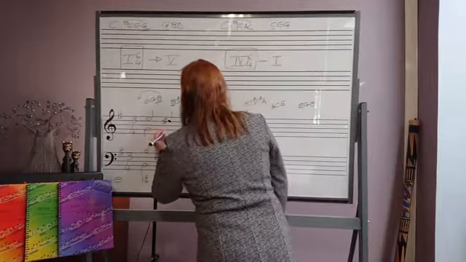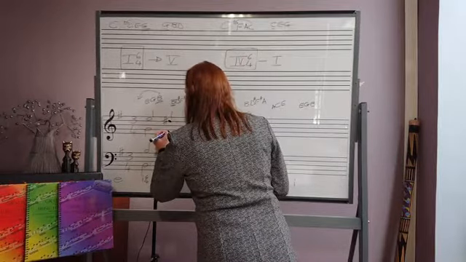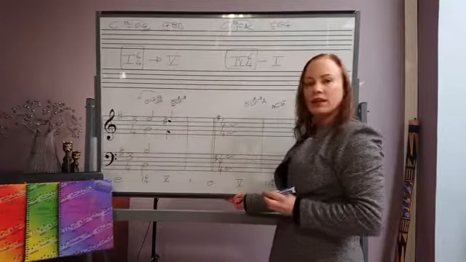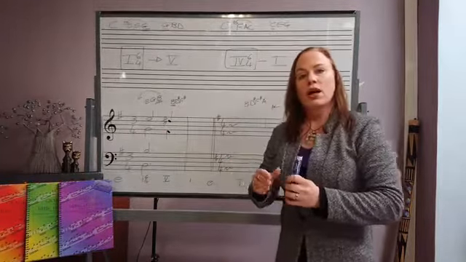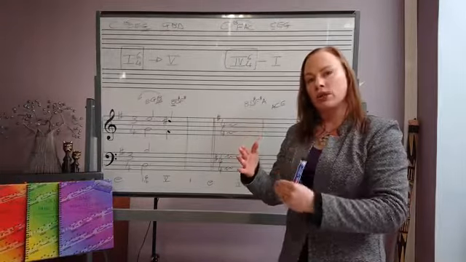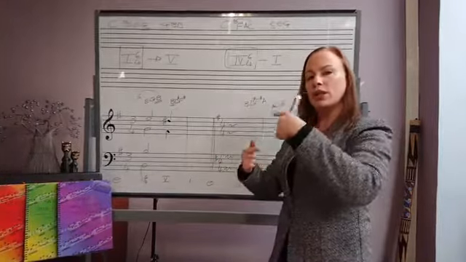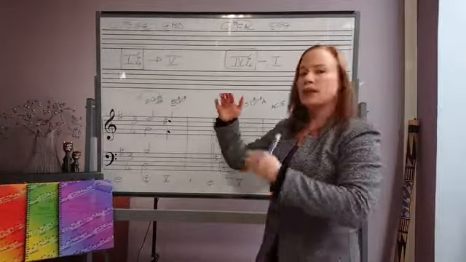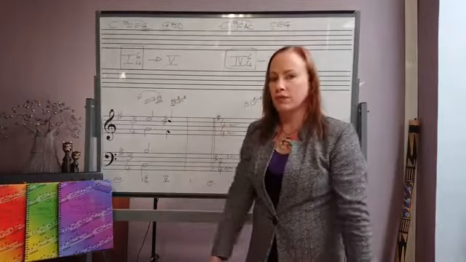And then the G is going to move to my F sharp like that. That is how the resolution of the cadential 6/4 works. So two voices stay on the same pitch, and two will descend stepwise. It doesn't matter which one is where, but the bass will be fixed because of the figuring.